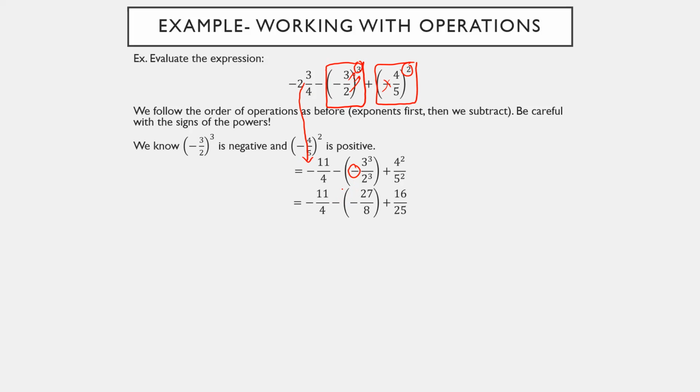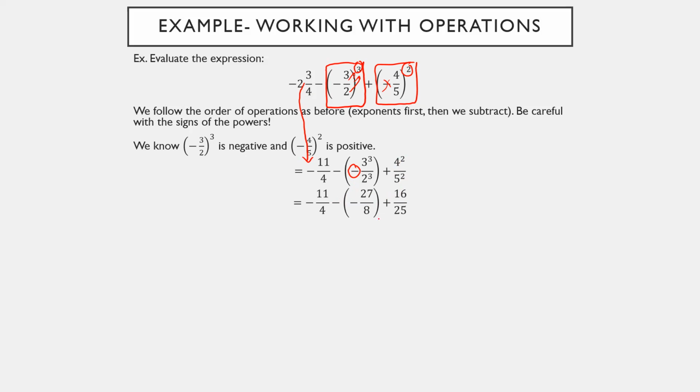That's why I put that bracket around there. So we tend to put brackets around the negative signs just to emphasize that, especially when you're subtracting a negative, just to emphasize that we're subtracting a negative, that we didn't make a mistake there. And then, of course, here we are simply adding 4 squared over 5 squared, which is 16/25.